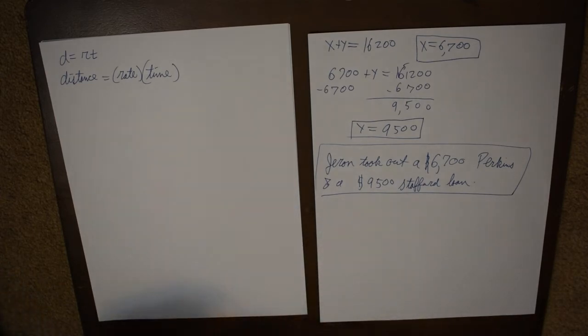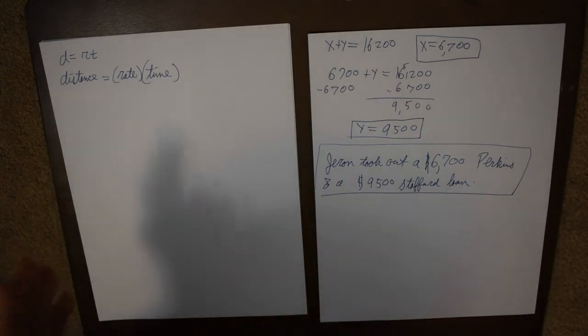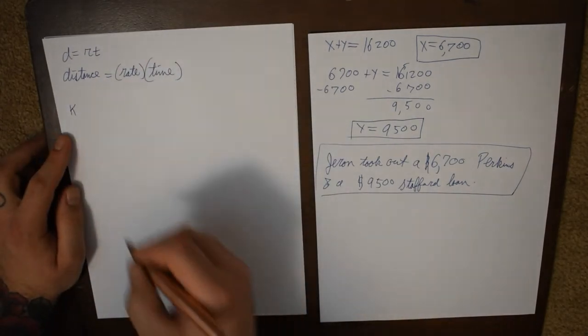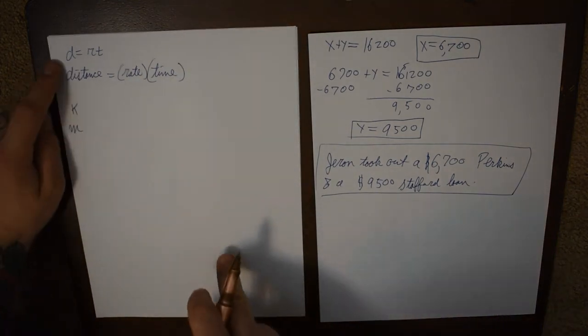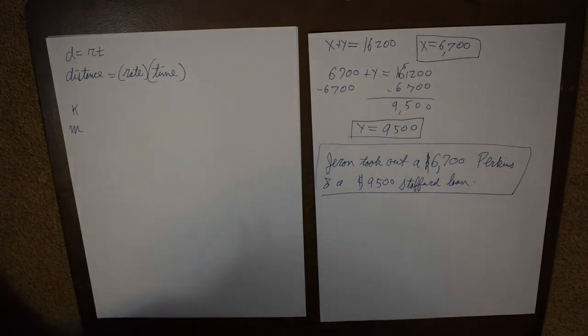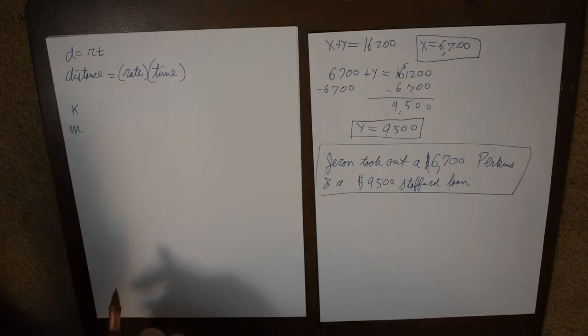So, let's give the assistant a name. The assistant's name is Matt. So we'll have a Carrie equation and we'll have a Matt equation. And both of them are going to be of the form distance is equal to rate times time. We don't know the distance. It didn't say the distance.